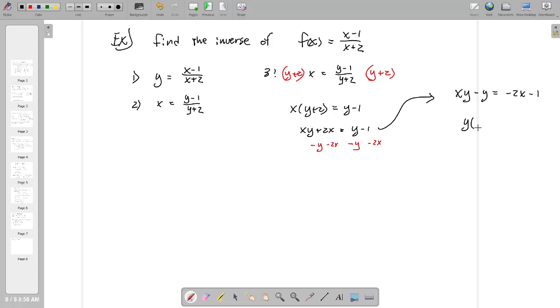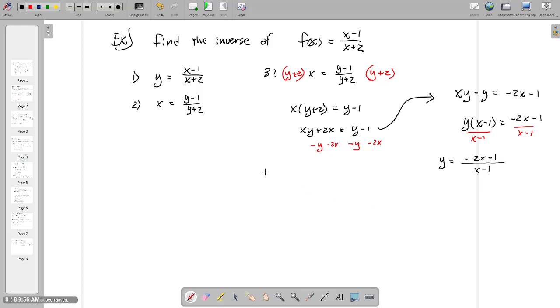Factor a y out. I get x minus 1. And then I'm going to divide both sides by x minus 1. And I'm left with y is equal to negative 2x minus 1 all over x minus 1.